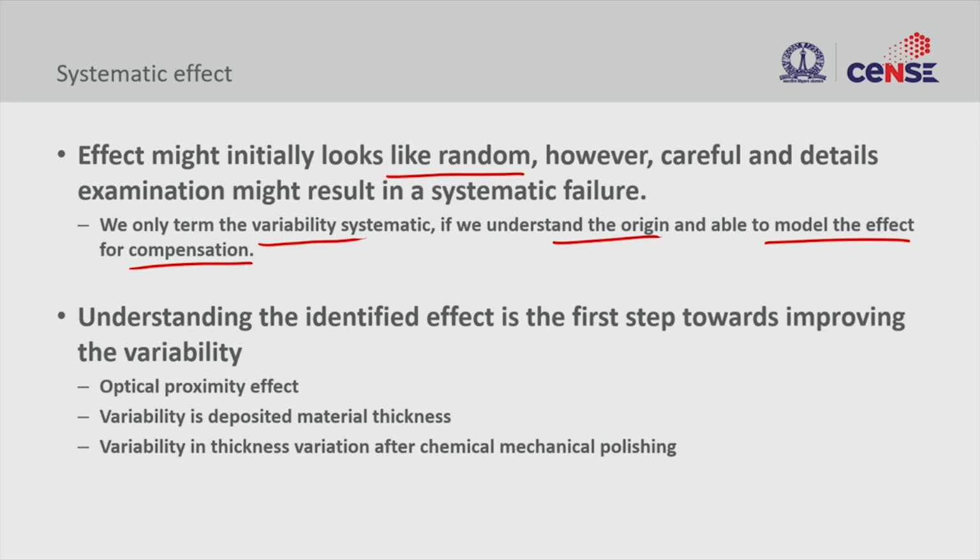So a one-off experiment could have resulted in the conclusion of a random effect. Repeated measurements can give you a clear indication that it is not random, it is systematic. So one should understand that.